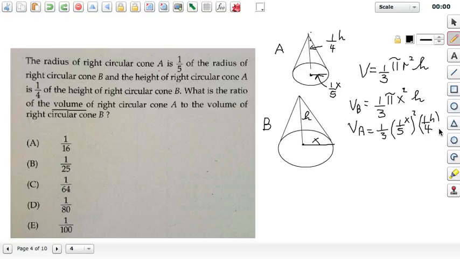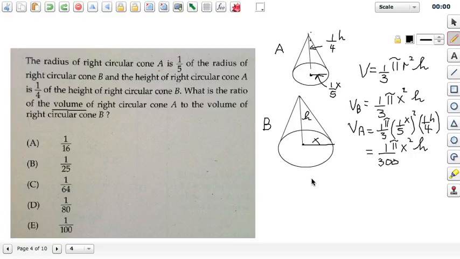Simplifying this, 1/5 squared is 1/25. So 25 times 4 times 3 is 300, giving 1/300 pi x squared h. I'm missing a pi here somewhere, so I will insert a pi here and a pi here. Okay, I'm sorry about that.